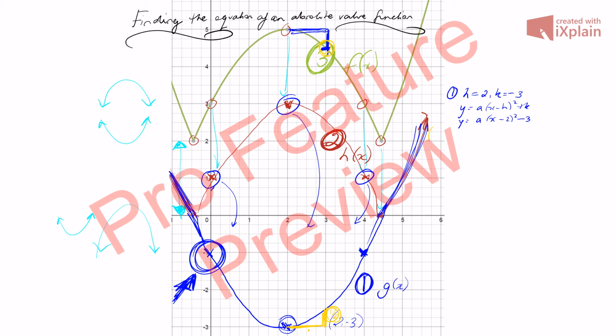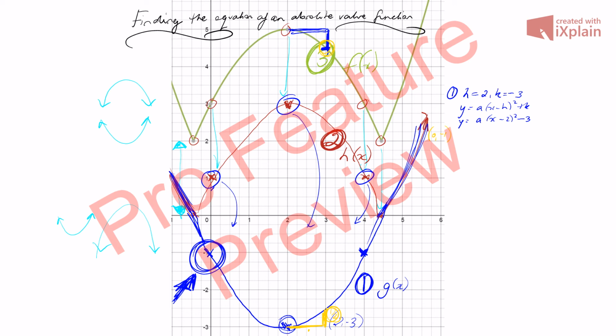I'm going to use the point (0, negative 1). So I'm going to substitute that in and see what we get. So we get y equals a, oopsie daisy, we know the y value, we need to fill that in. Okay, sorry about that.